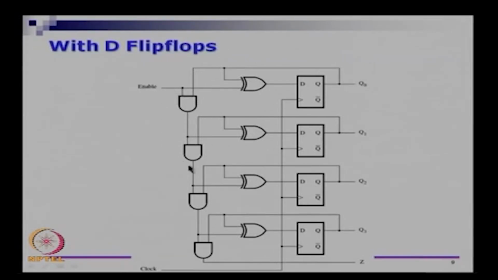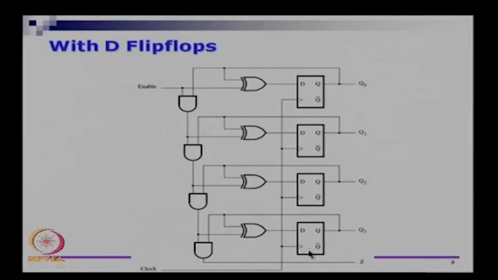If you look at this part of the circuit, it is enable and Q1 and Q0. If you have all three, that is XORed with Q2 itself, and that is going to be the input to this flip flop and so on. So this enable circuit is as it was in the T flip flop structure. You go and convince yourself that putting an XOR gate will actually let you do this counting.